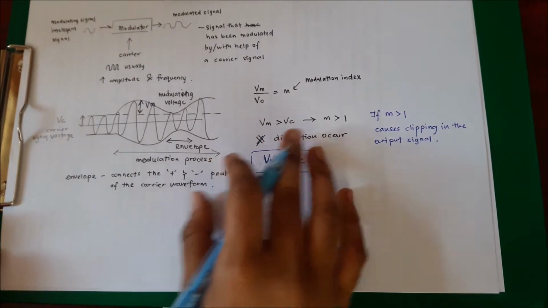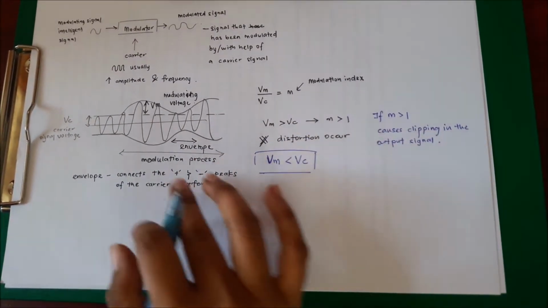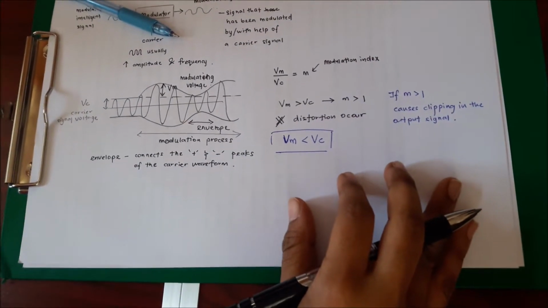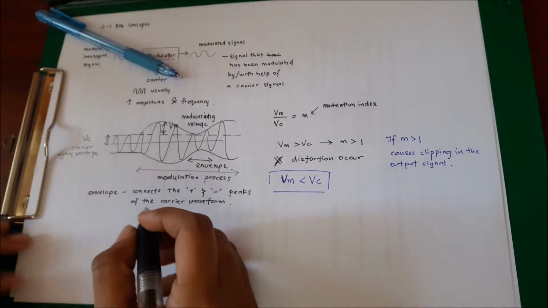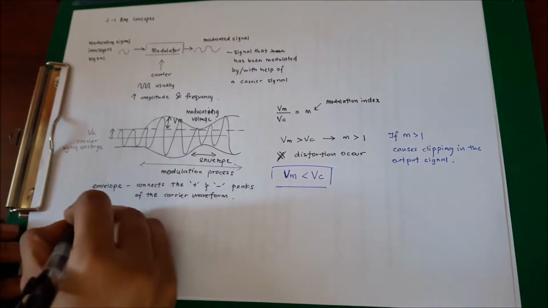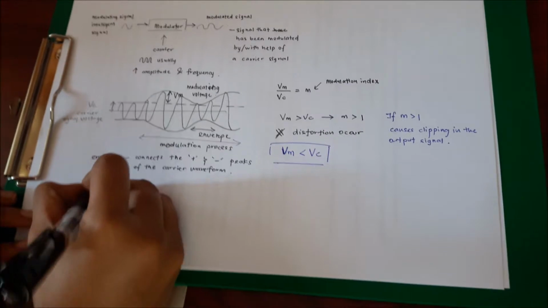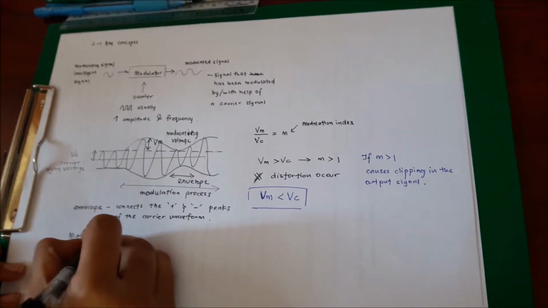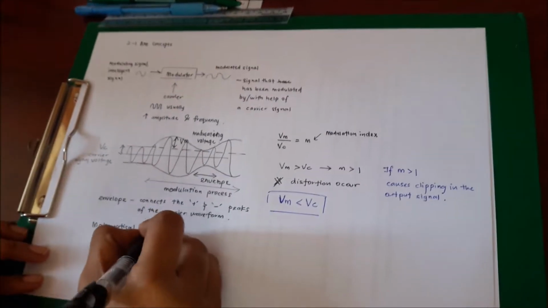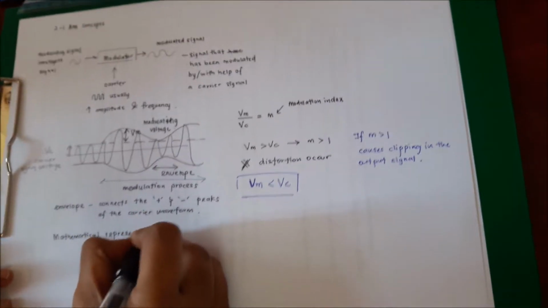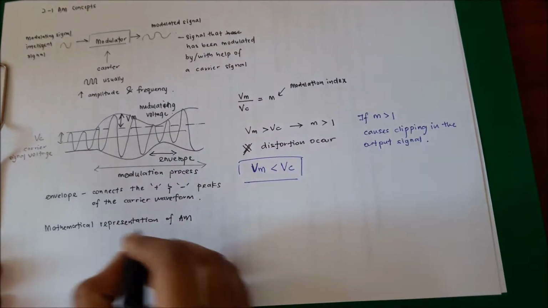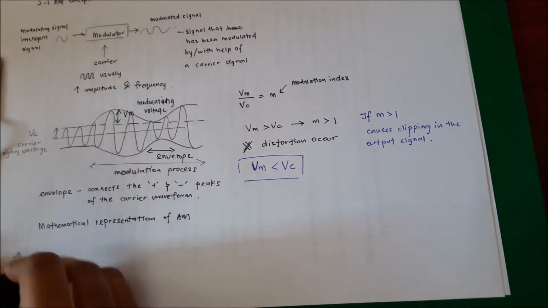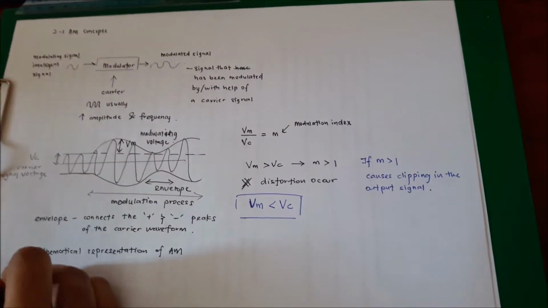Alright, now let's look at the next part, where we'll see the mathematical representation of AM. So I'm going to represent all of them in a mathematical form.